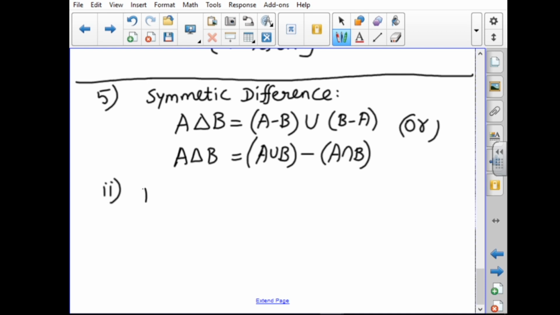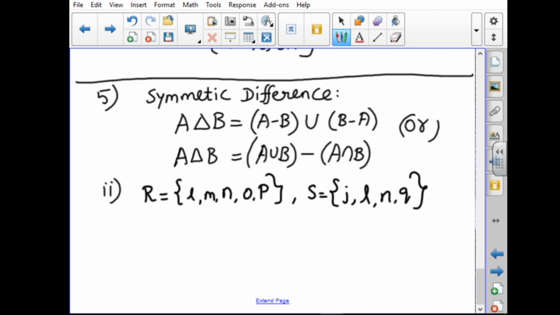What is the question? R is equal to {L, M, N, O, P}, and S is equal to {J, L, N, Q}. Now I can use the first formula.